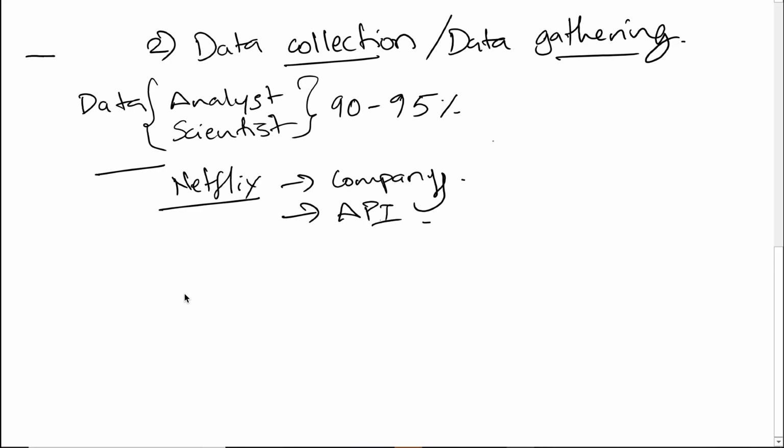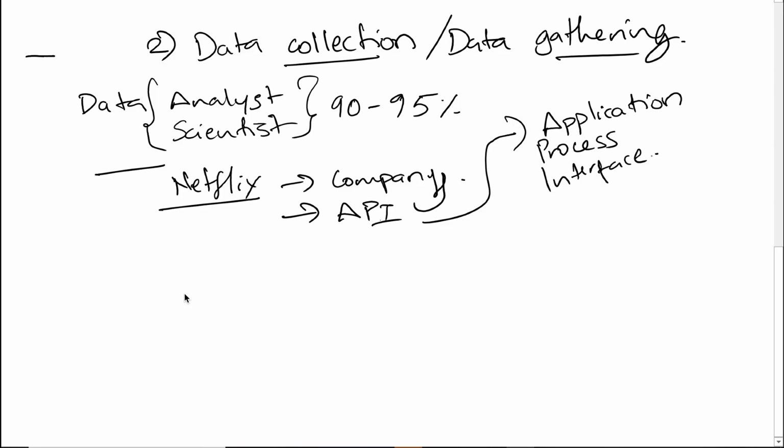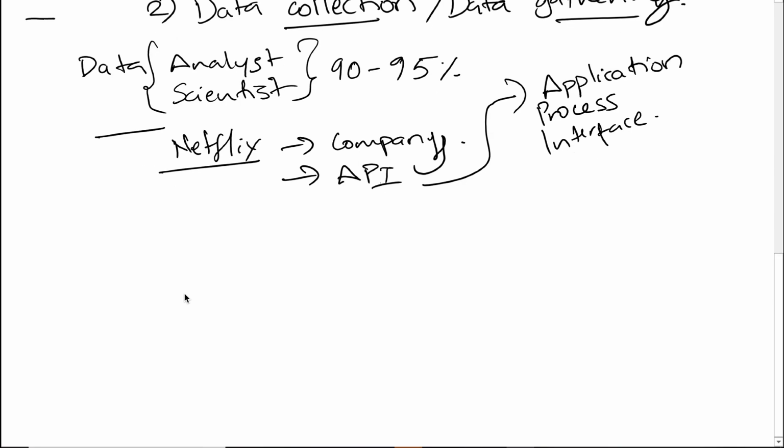Now APIs are basically known as your application programming interface. Now what exactly is an API? Let me explain this to you in the form of an example. Now let's consider Twitter. Okay, and let's consider this as me.